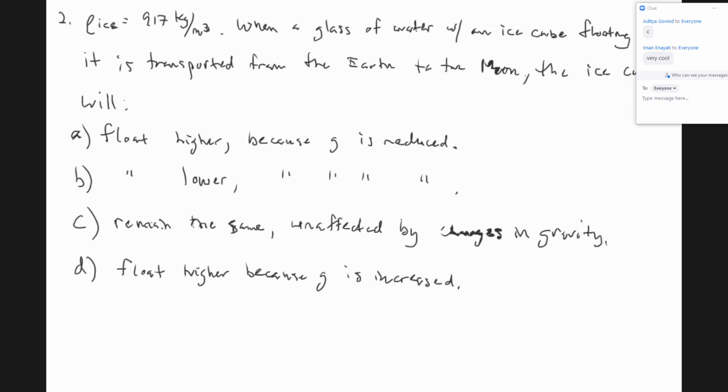So if you think about it, let's go back. Actually, we don't have room. But the ratio of the density of the object to the density of the fluid medium, if it is less than 1, then the object floats, right?